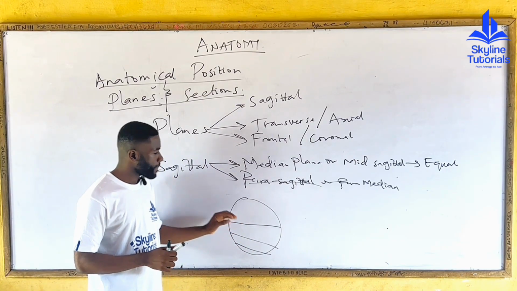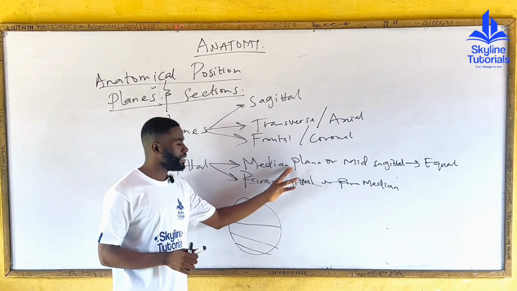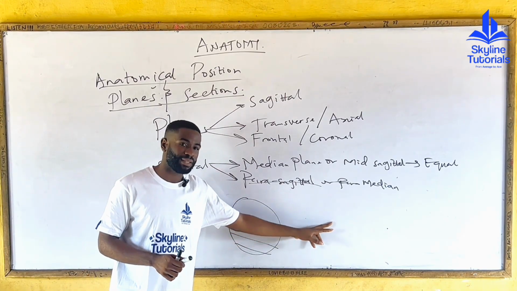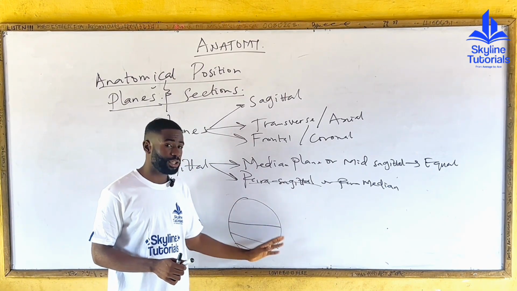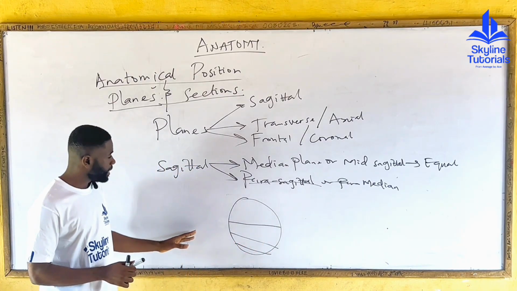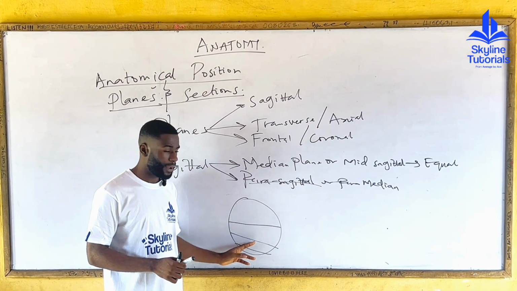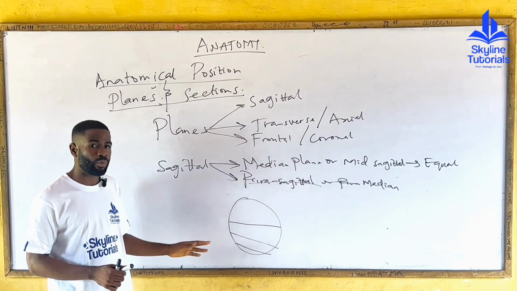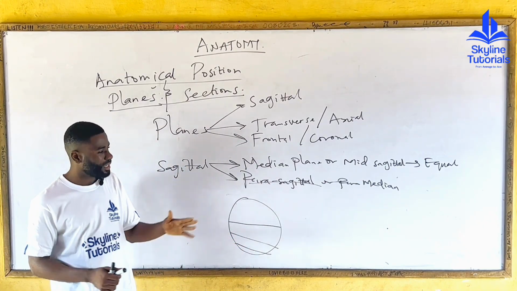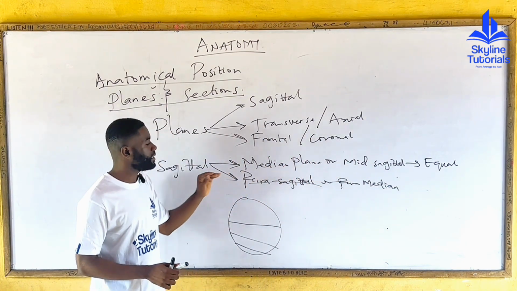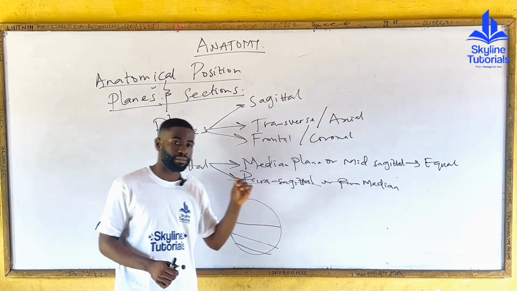So we can use this to explain median and paramedian. The median will be seen as our diameter because it divides the body into two equal parts. But the paramedian also divides the body, but it is not equally divided. So that is the discrepancy between median sagittal and paramedian.